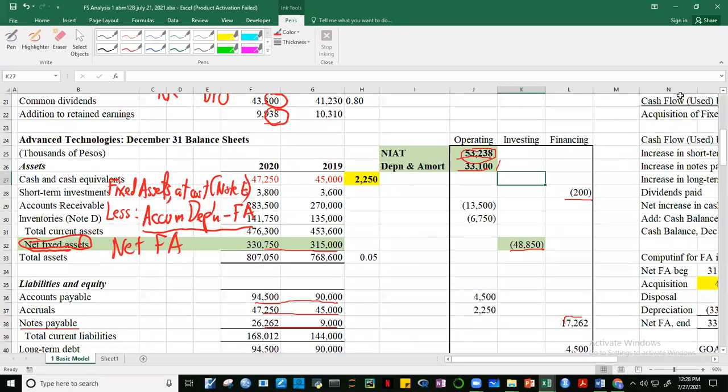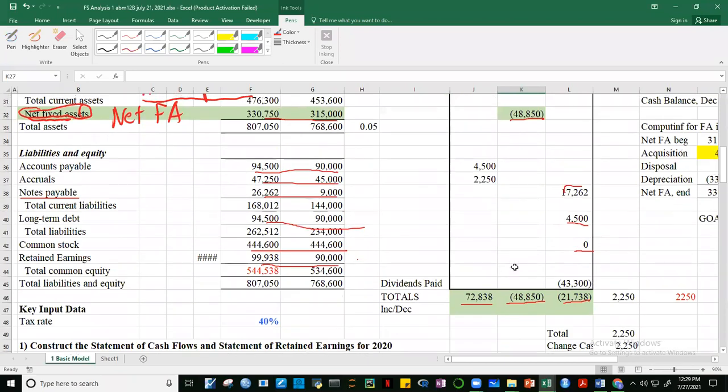Okay, so going back here, sabi natin this is the pro forma, and dapat yung mga totals natin dito, pag positive siya, this is cash flow provided. Pag negative, cash flow used, depende dun sa activity. So the three activities, yung total, yung net cash flow niya, should equal the change in cash.